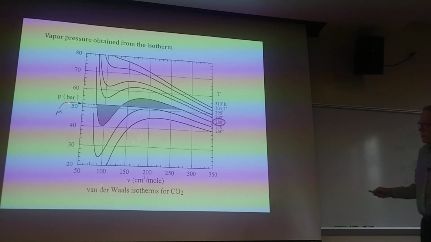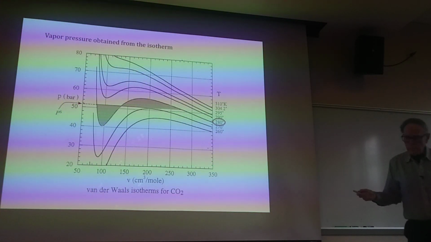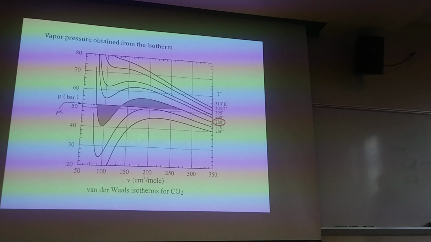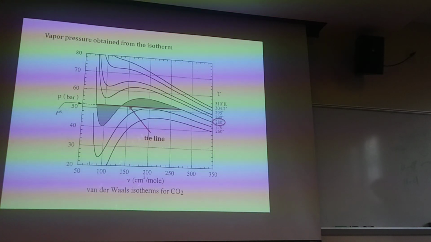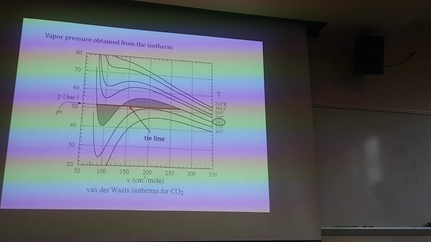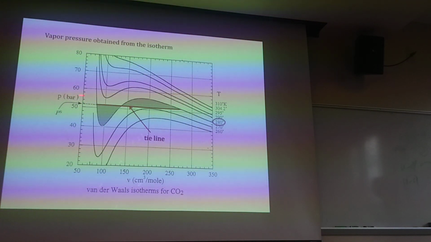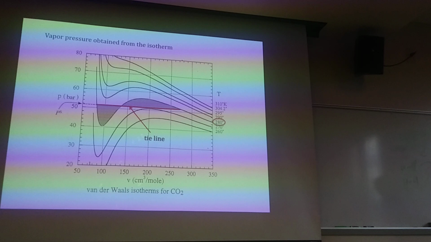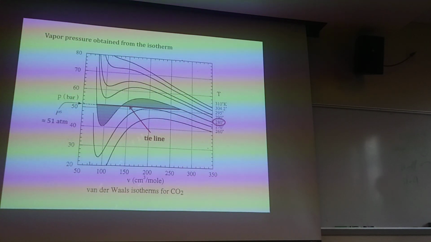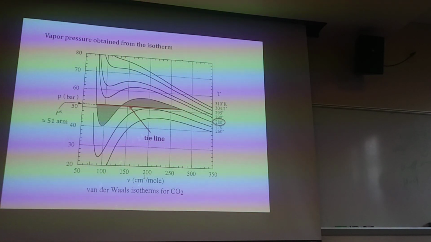So the suggestion here is that we've got a vapor pressure at 280 degrees of about 51 or so. This is the tie line, you're familiar with that, joining my saturated liquid volume here to the saturated vapor volume. And the indicated vapor pressure here is about 51 atmospheres.